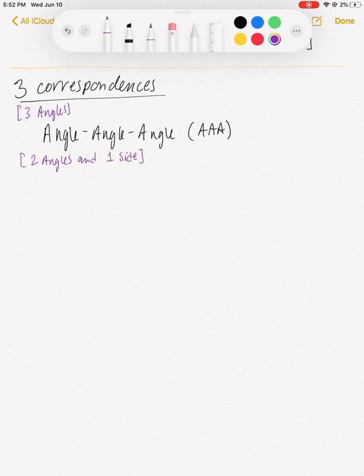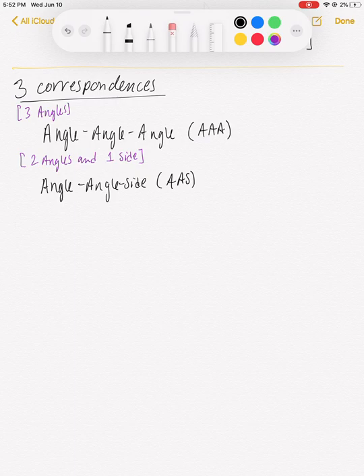Okay, so let's think about the possible congruence test for that. Two angles and a side. So that could be angle, angle, side, or AAS. Okay? So that's any two angles and any side.